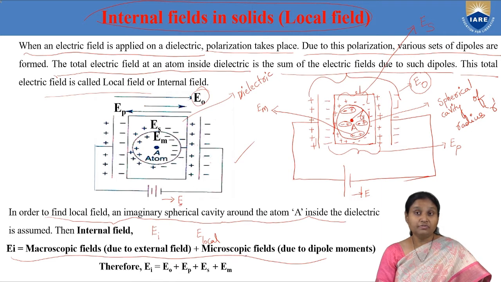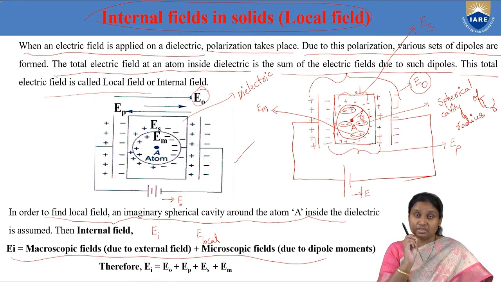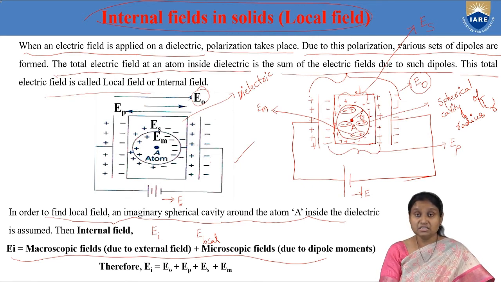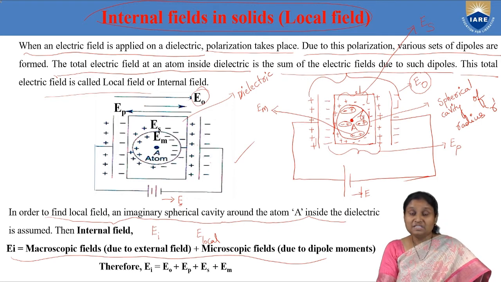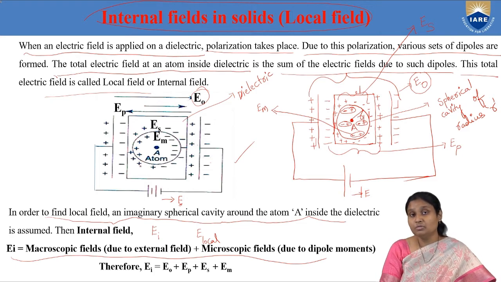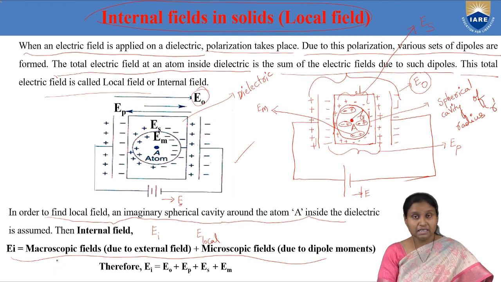These microscopic fields are the ones taking place at very small dimension. Here we have imagined a very small sphere because its radius is very, very small compared to the entire dimension of the dielectric material. And of course EM. What is EM? EM is the electric field due to dipoles, where polarization is taking place at atomic or molecular level. So here, as we know, this internal electric field is a combination of macro as well as microscopic fields.